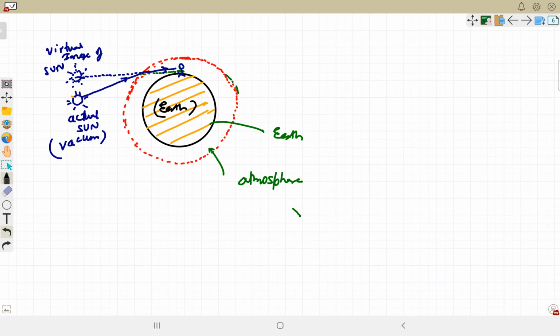Same reason. This is east. Suppose in west, it has already gone below, but the light ray that is coming from sun still forms an image. So the second one is the west direction. This is suppose west. Sun has set, but still its virtual image will be observed even for some more time.